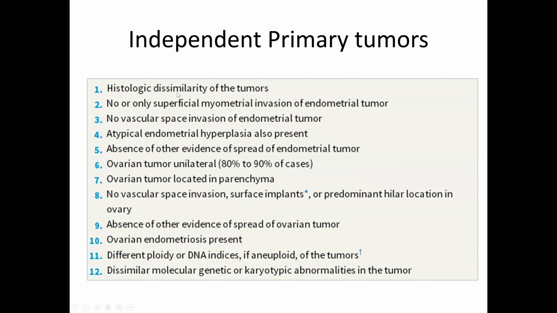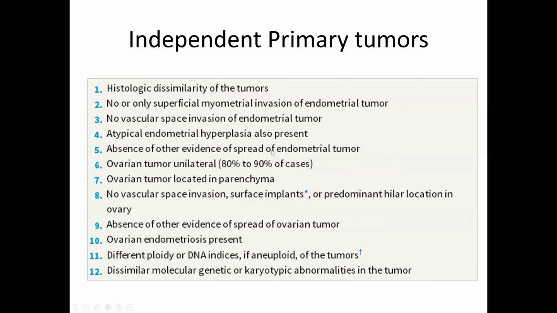Histologically dissimilar. Well, grade 1 versus a grade 2. Lots of squamous differentiation versus no squamous differentiation. Clear cell areas, no clear cell areas, those sorts of things. No or very superficial myometrial invasion only. No vascular space invasion. Background of atypical hyperplasia.